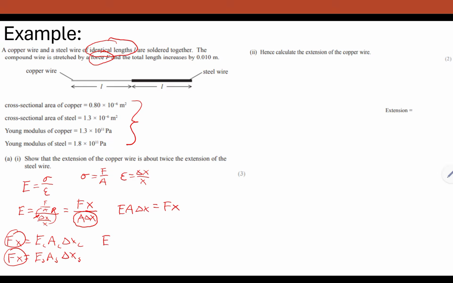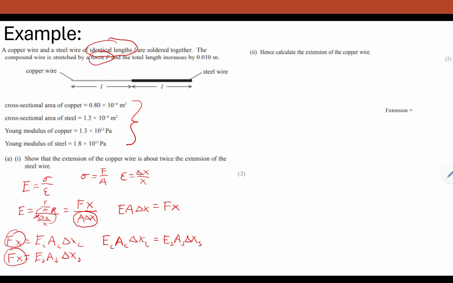So it will be E_C A_C change in x_C equals E_S A_S change in x_S. Now we want to put the changes in x on one side and the E and A terms on the other side.